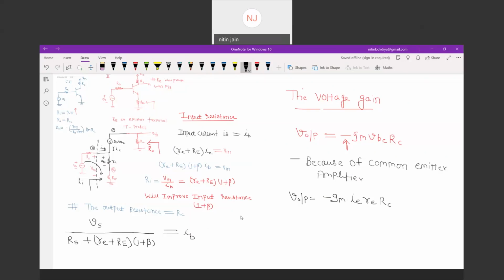VBE, so you can say VBE, or fine, we can have directly the value of IE. So the value of IE for the system is given by just multiplying this IB here.